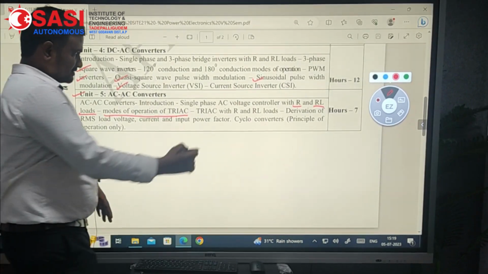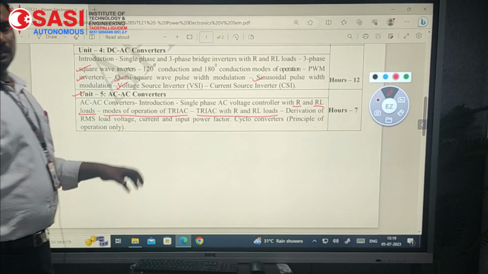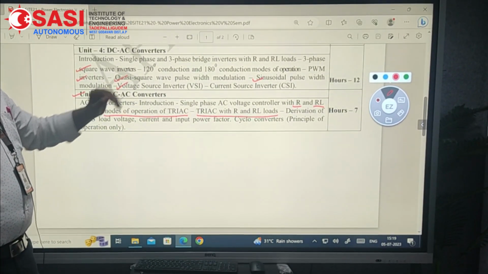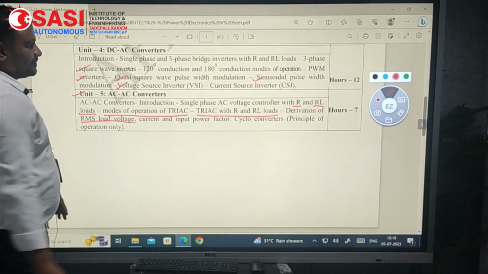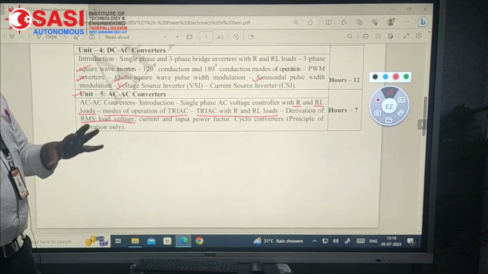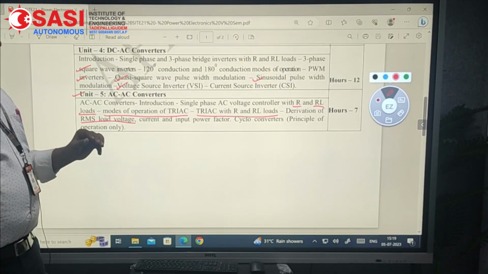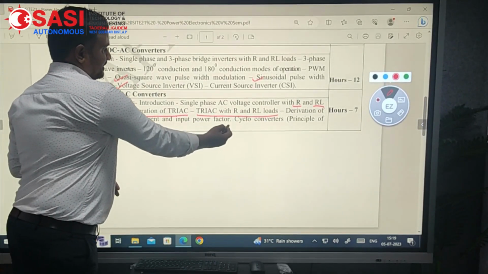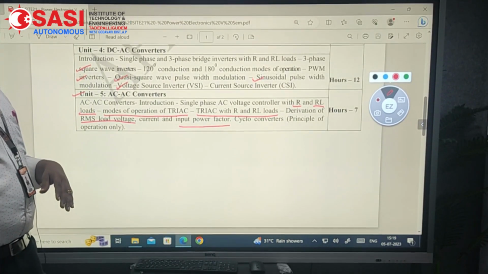So by using this also we are going to analyze the AC voltage controller concept with R and RL loads. And we are going to derive the RMS load voltages for this particular AC to AC voltage control circuits. And especially because we are dealing with AC, we are going to take the concept of power factor in this.